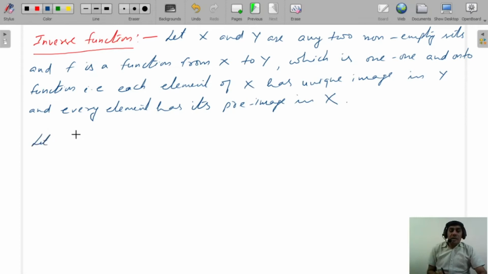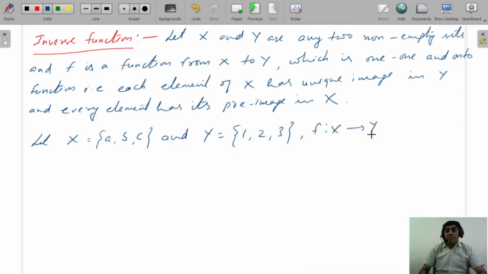Let X is equal to {A, B, C} and Y is equal to {1, 2, 3}. f is a function from X to Y defined as f of A is equal to 1, f of B is equal to 2 and f of C is equal to 3.